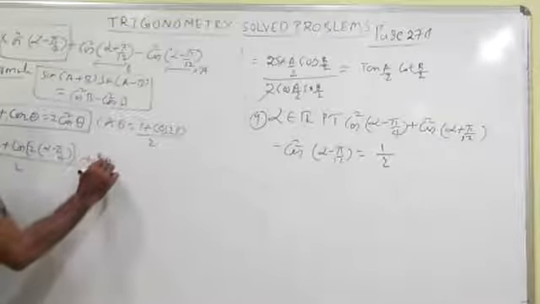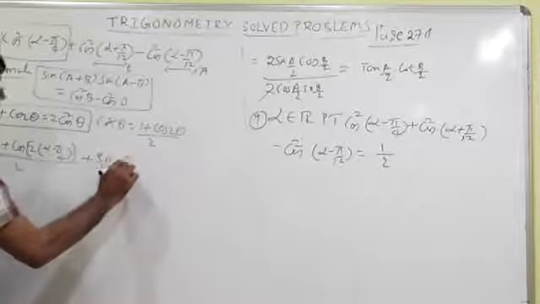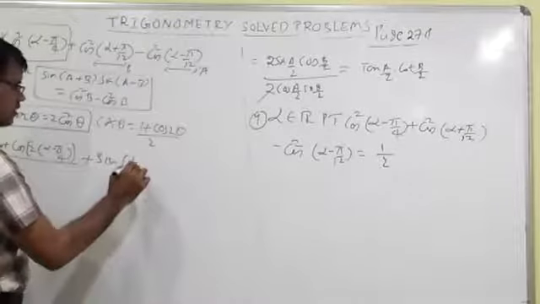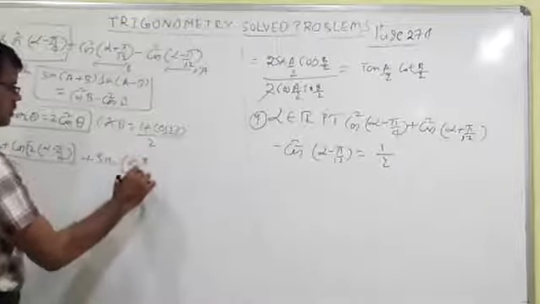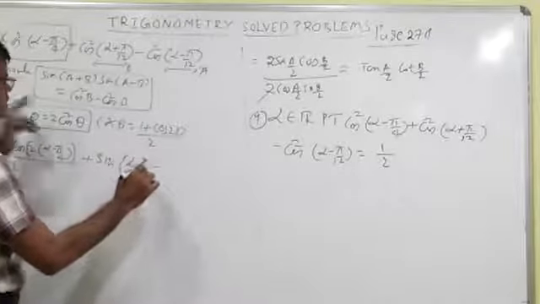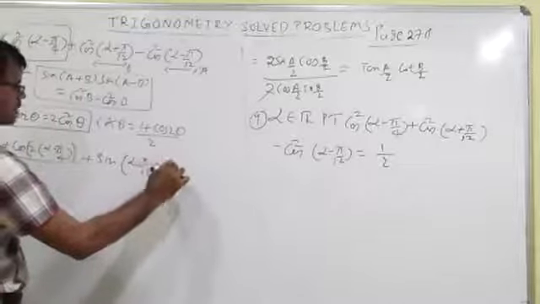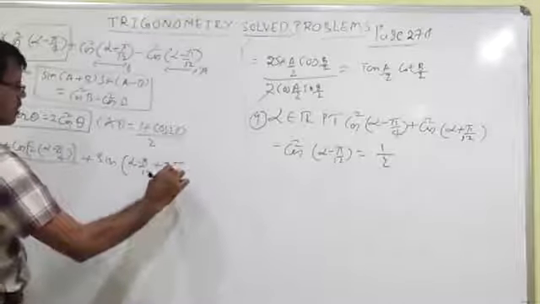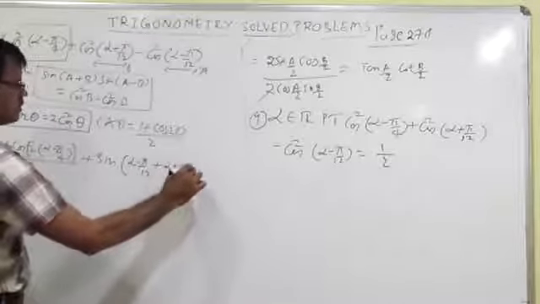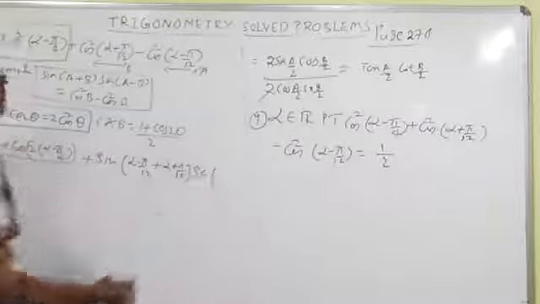Sine of a plus b becomes sine of a, meaning here alpha minus pi by 12, and b meaning alpha plus pi by 12, alpha plus pi by 12 into sine of a minus b.